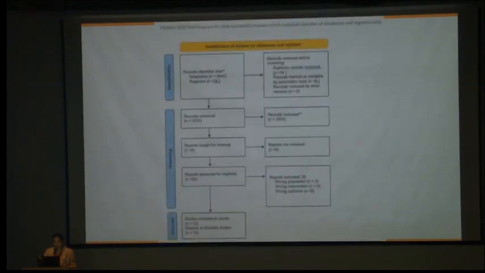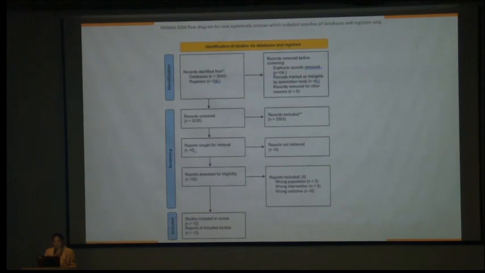I'll move on quickly. The PRISMA guidelines are the reporting guidelines for systematic reviews. And this is the first figure that appears in any systematic review publication, which depicts your search. How did you screen? The first one is, how many records did you retrieve?